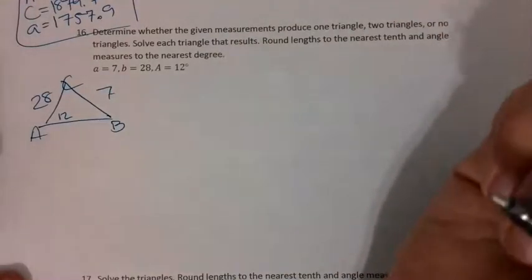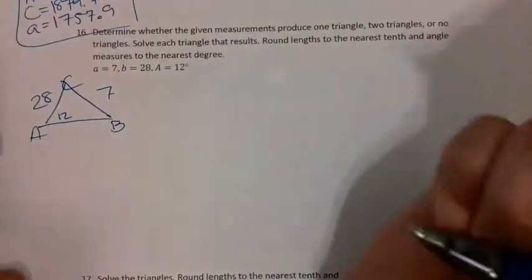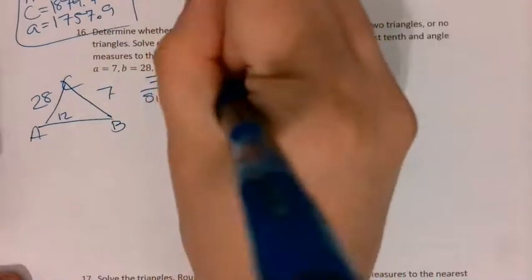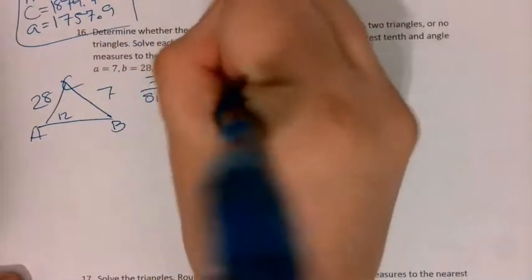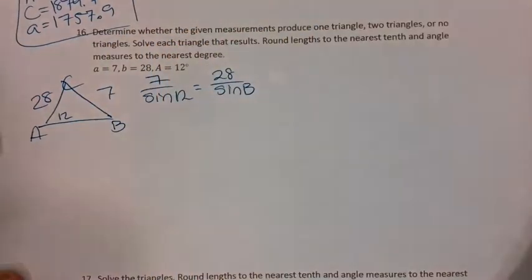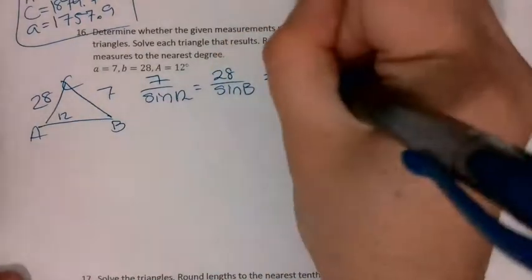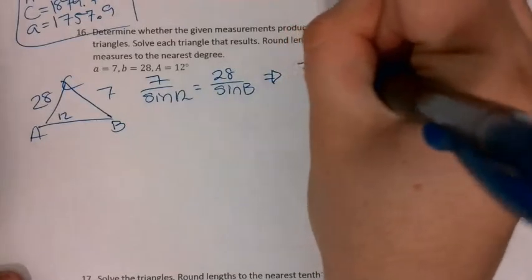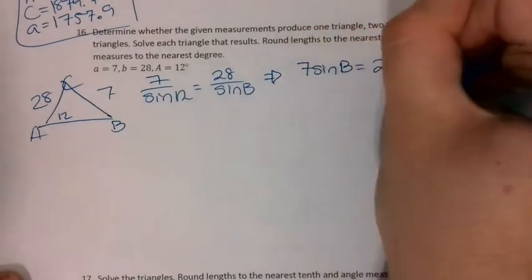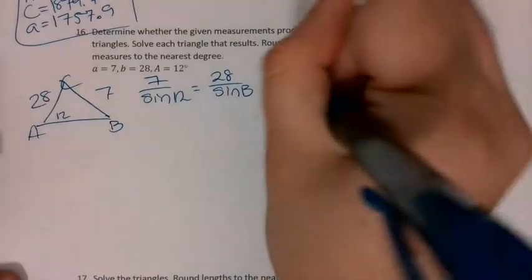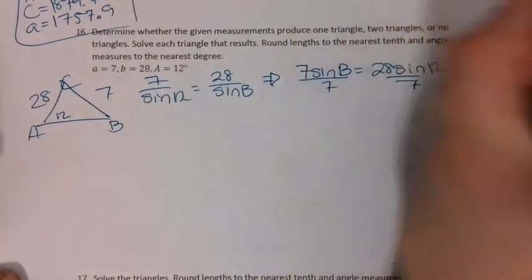Okay. I am going to use the law of sines to see if I can find my angle for B. So I have 7 over sine of 12 equals 28 over sine of B. I want to cross multiply since my B is my angle. I have 7 sine of B equals 28 sine of 12. I want to get the sine of B alone, so I divide both sides by 7.